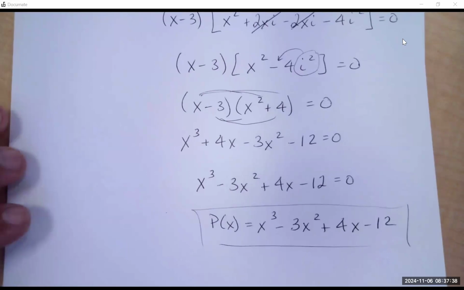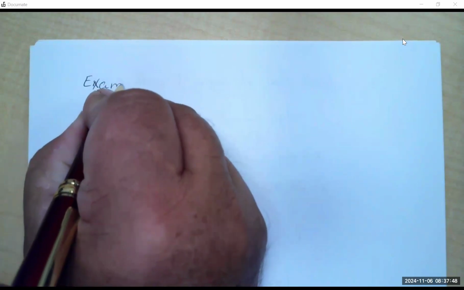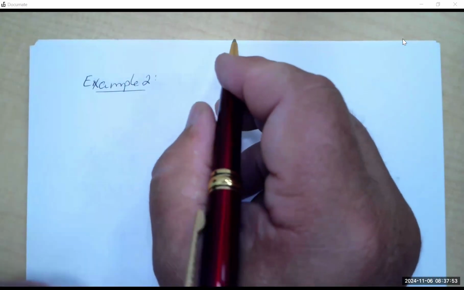Let's look at example 2. Because remember, the last section, we looked at some special type of numbers. Example 2.